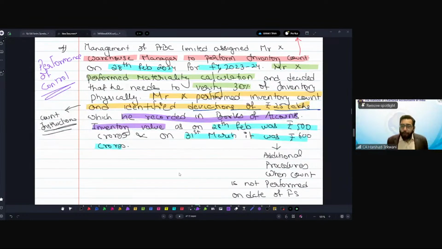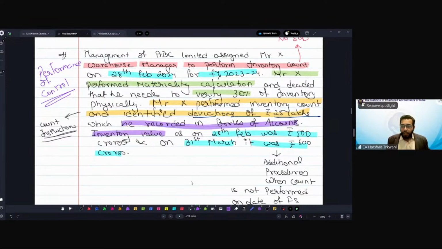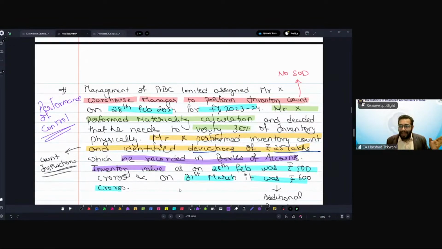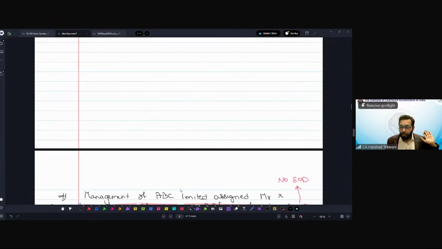He's even booking the inventory deviations. Tomorrow, if I take inventory out for my personal use, I will call it a deviation. So there is a segregation of duty issue, a fraud risk factor, a lot of things in the picture. That's why at the design level itself, I'll fail this control.